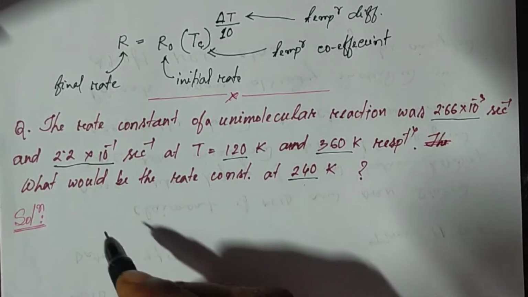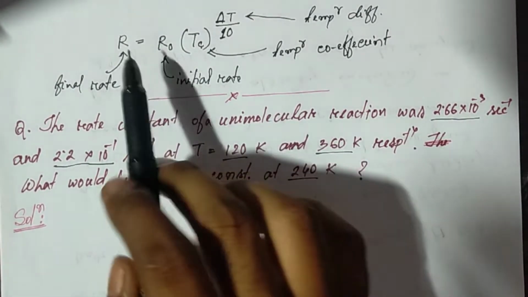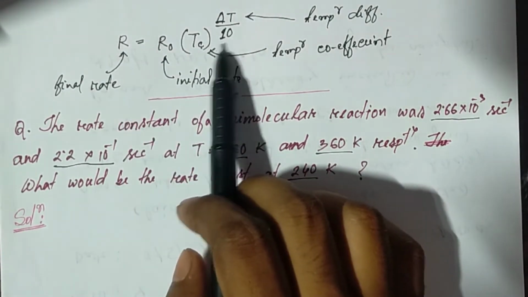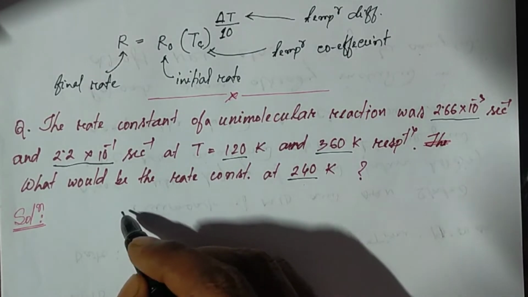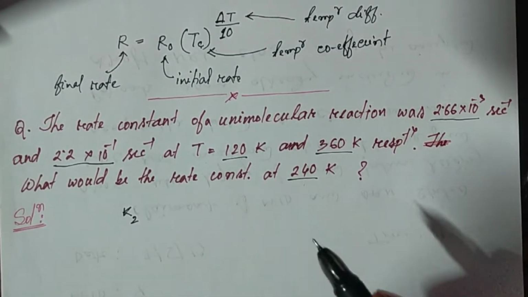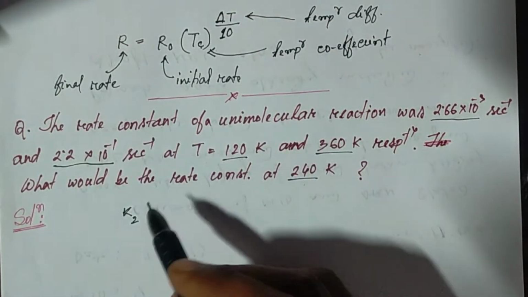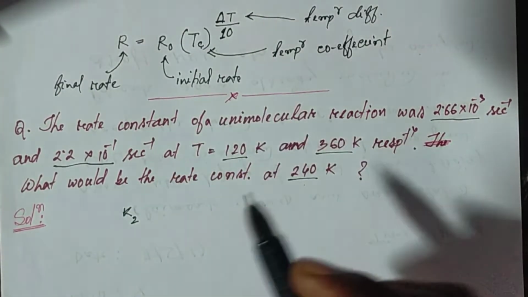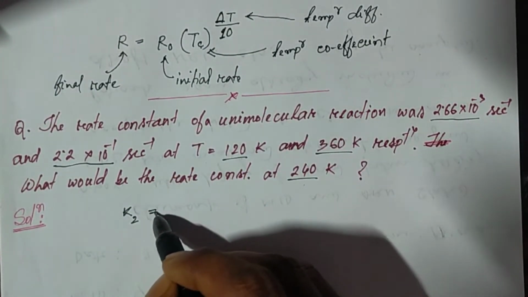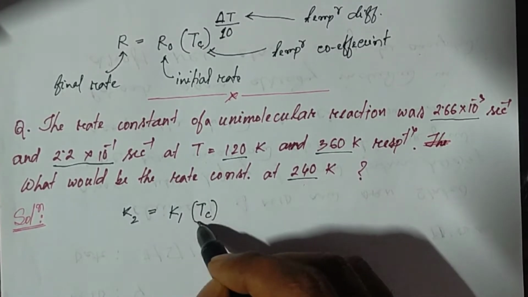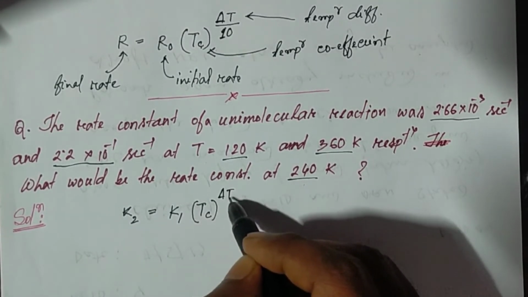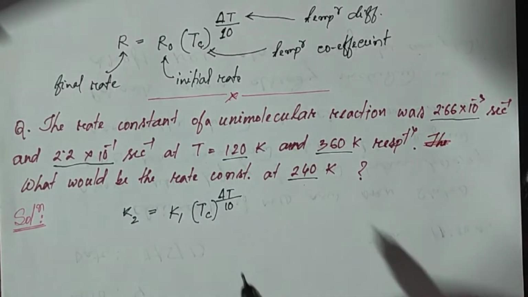So first of all we will write this expression in terms of rate constant. If k2 is the final rate constant and k1 is the initial rate constant, then the expression will be k2 = k1 Tc whole to the power del T by 10.